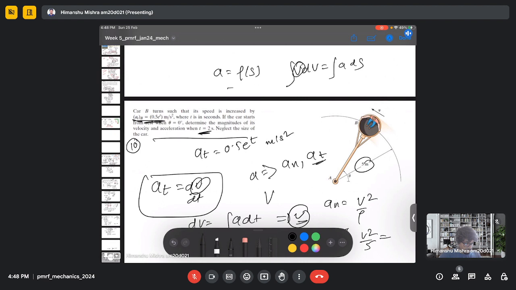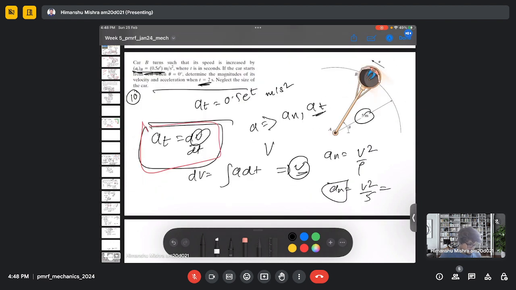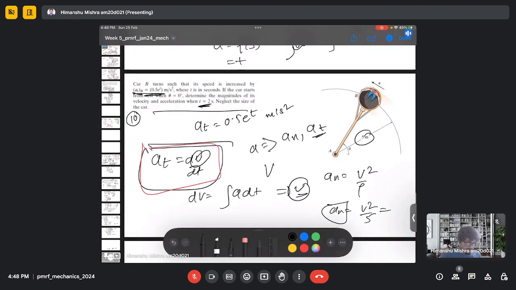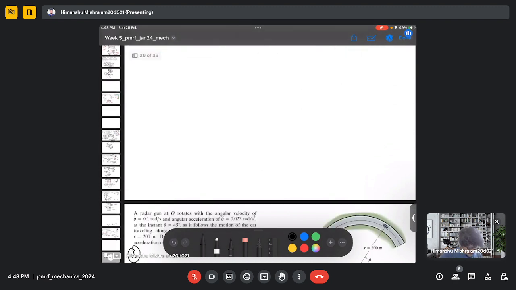And if it is given in terms of time, then you can use this relation. The remaining things are the same. You need to find the same quantities. So try to do this question by yourself, and we can move to the next one.